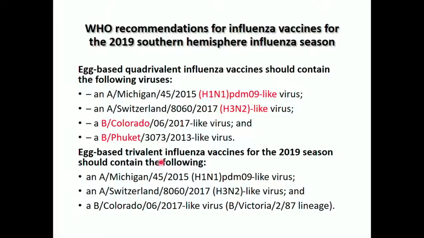If, on the other hand, you get what is usually got by South Africa, the trivalent vaccine, that would be two A types, the pandemic 2009 and an H3N2, and one B type, the one that was most prevalent in the northern hemisphere in the last flu season.